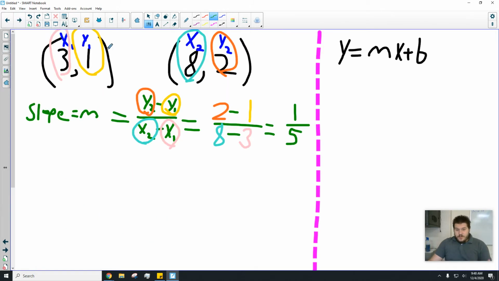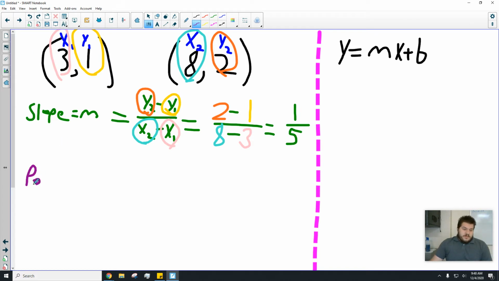I actually have 2 points to work with, and I have the slope. So for point slope form, I can use either of these points. It doesn't matter which you decide to use, just pick one. I usually go with the one with the smallest numbers, just to make math easier. So let's pick this first one.